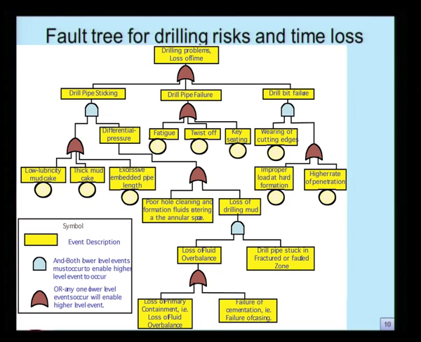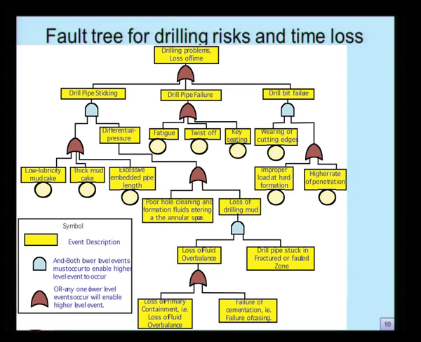So, I am using an OR gate here. Either one of them is sufficient to cause a drilling problem or a drilling risk. So, I have started the fault tree diagram from the top like this.